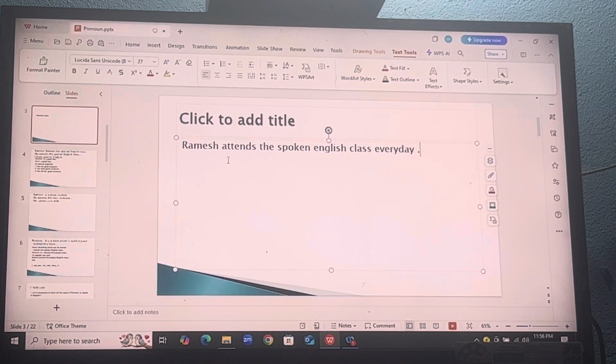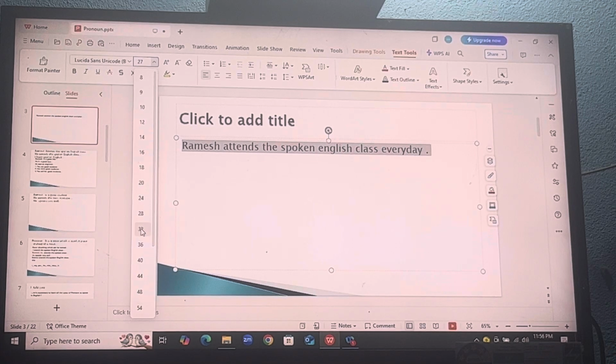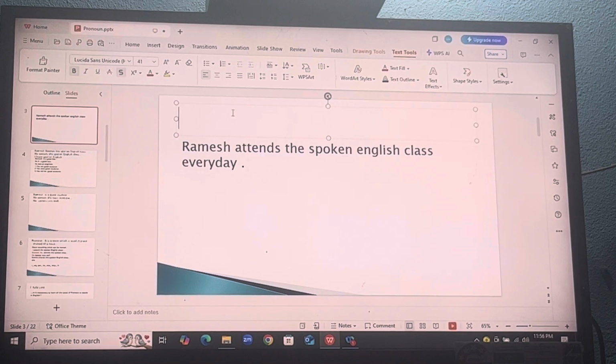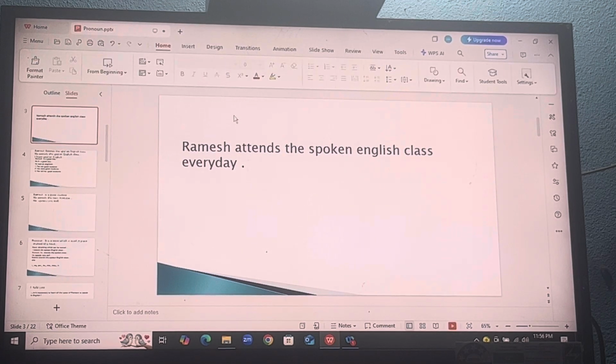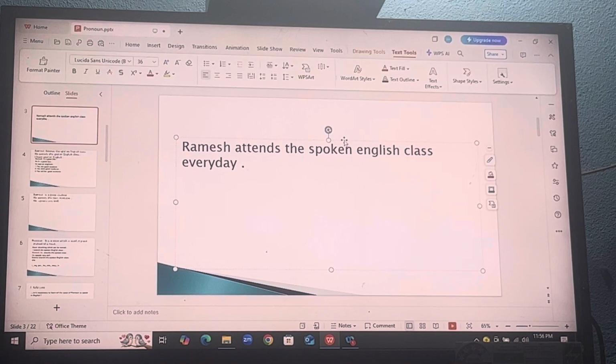So the given sentence: Ramesh attends the spoken English class every day. Is it right or wrong? How can we find out whether the given sentence is right or wrong? I hope it's not visible. Let me increase the font size. Hope now it's good. So, Ramesh attends the spoken English class.